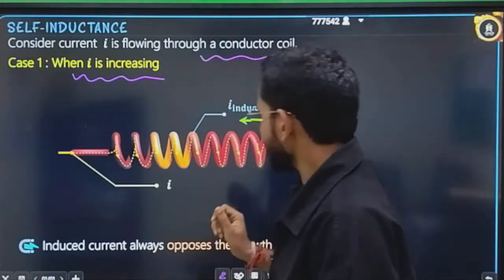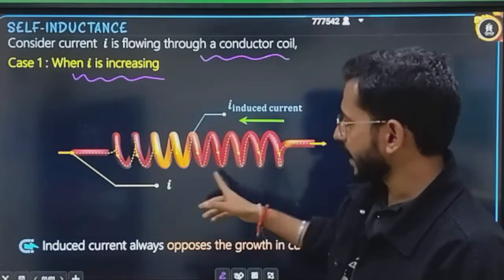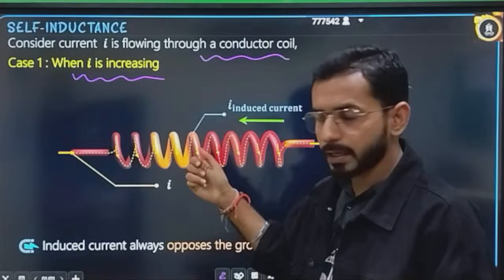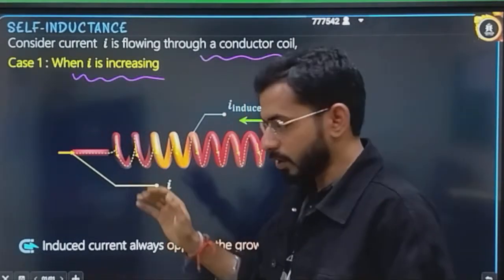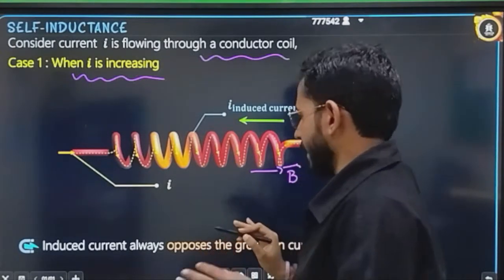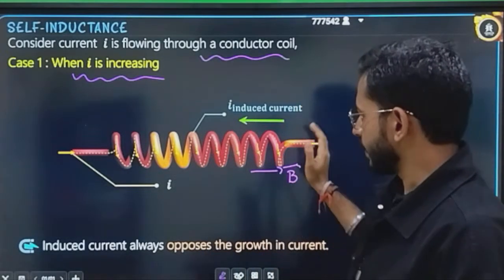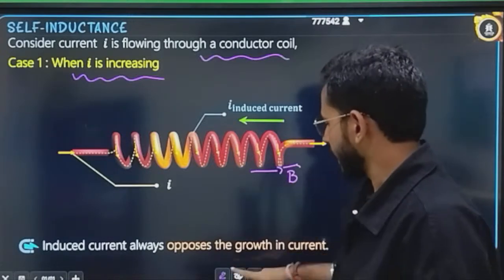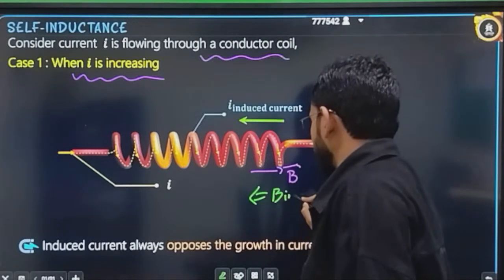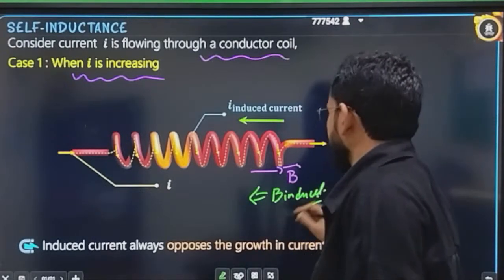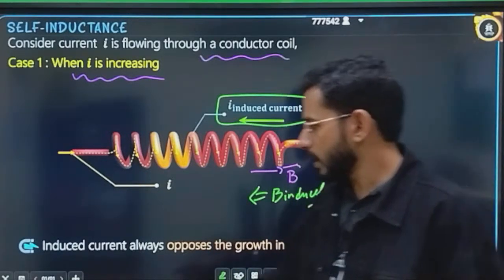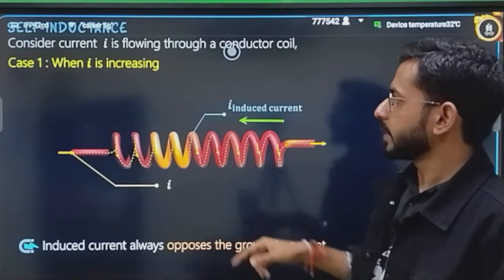The normal direction of the magnetic field is in the forward direction, so the induced magnetic field will be in the opposite direction so that it can reduce this magnetic field. That means this is the direction of the induced current. It always opposes the cause that generated it.